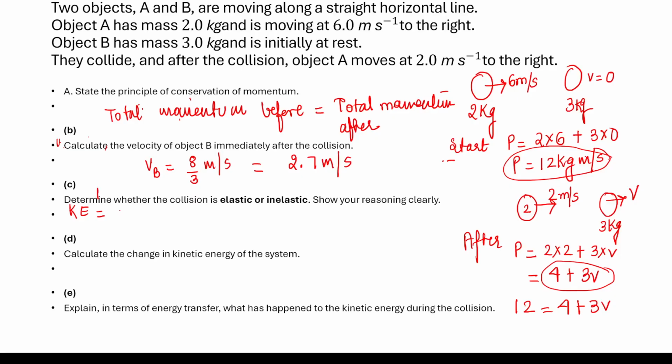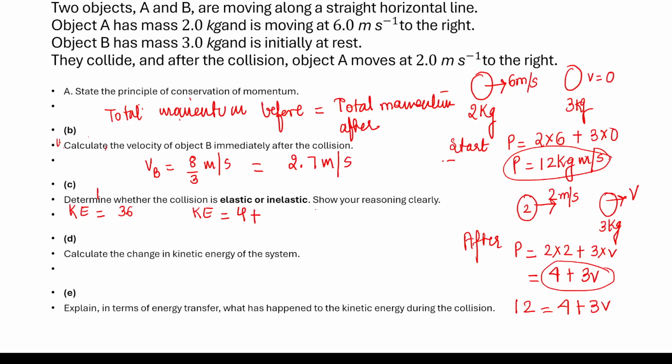So half times 2 times 6 squared is 36. And for B, it is 0. And after, half times 2 times 2 squared is 4, plus half times 3 times (8 over 3) squared. Just use 8 over 3 because otherwise you'll end up with a rounding error.